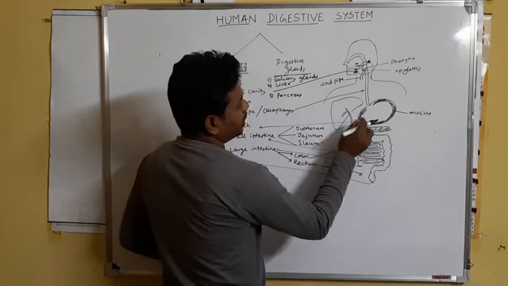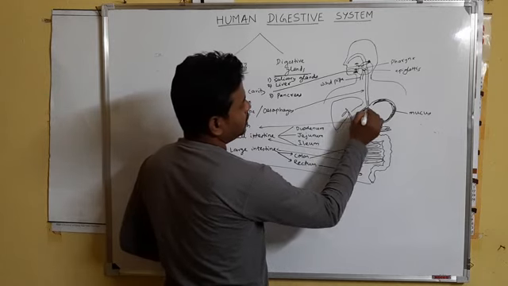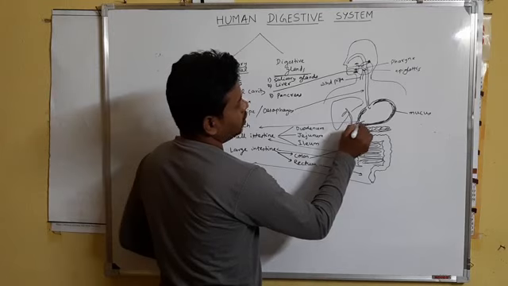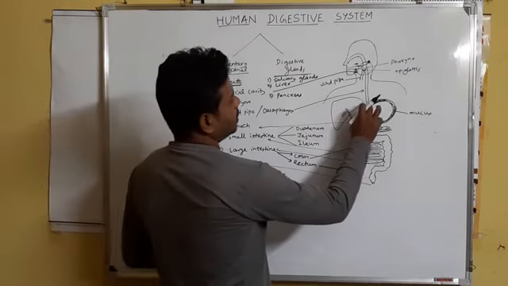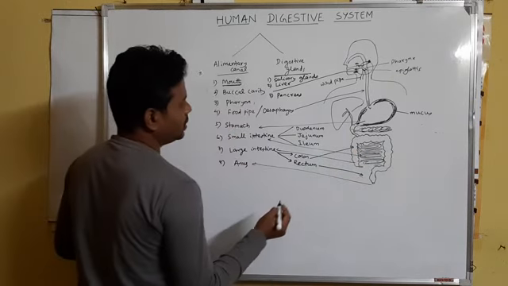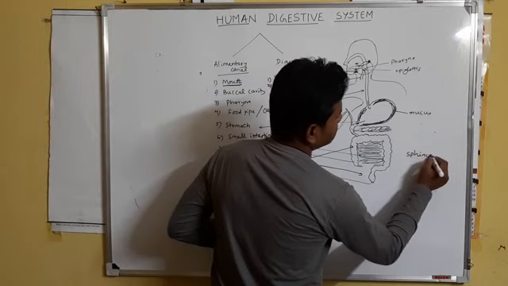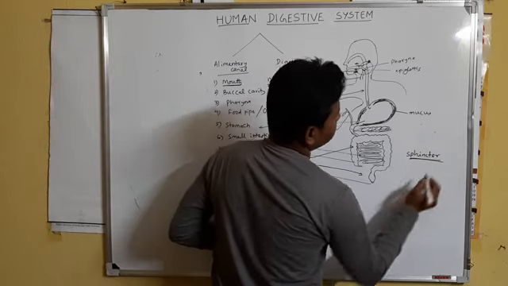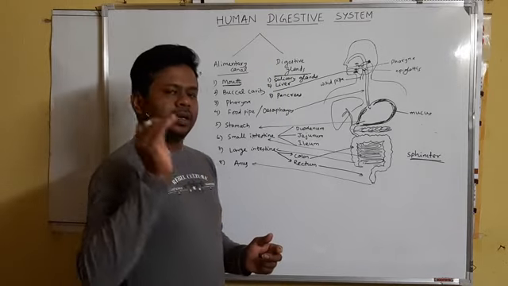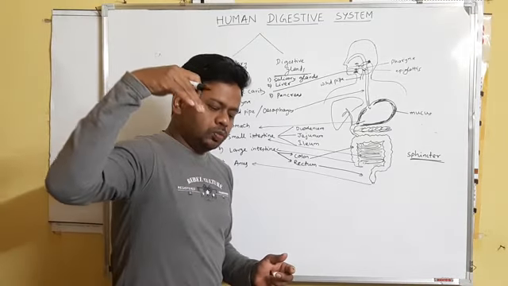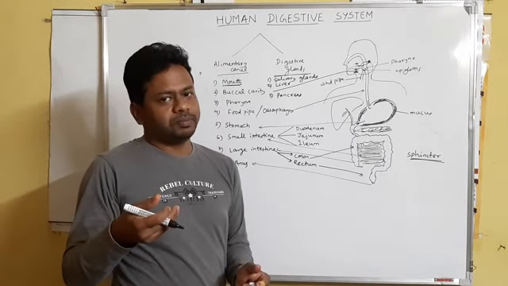Before it passes, when the food is going in the forward direction, there is a valve which is called a sphincter. A sphincter is a structure which allows the food to move forward but does not allow the food to pass backward.